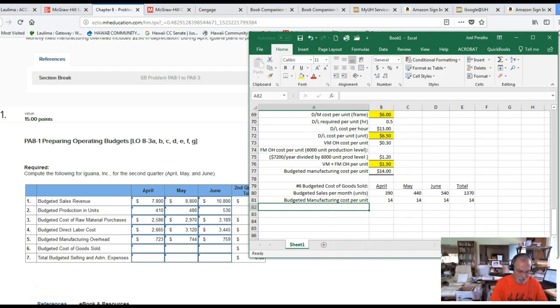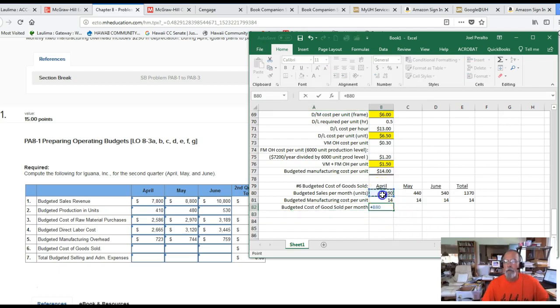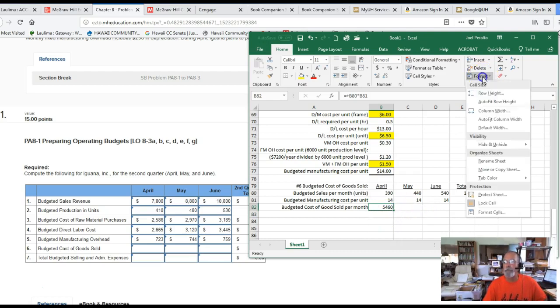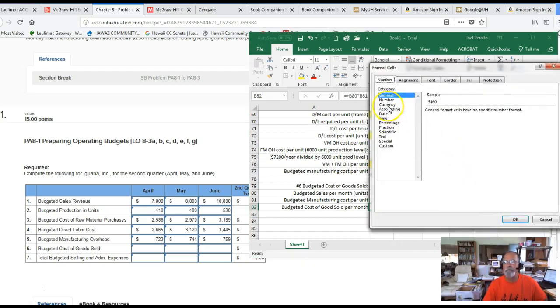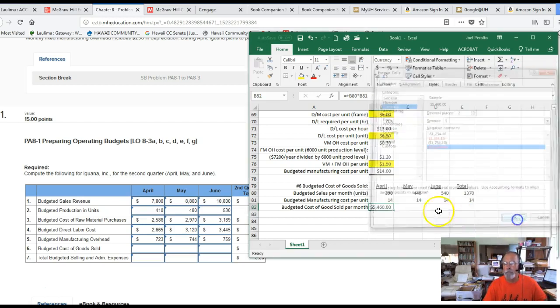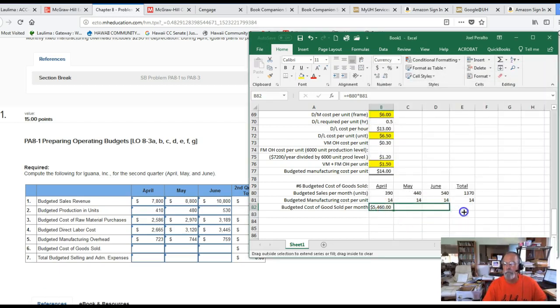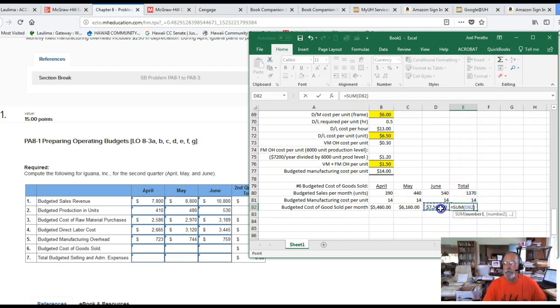And so this would be budgeted cost of goods sold per month. $54.60. Let's format that as dollars. $19,180. Let's make sure that that's okay.